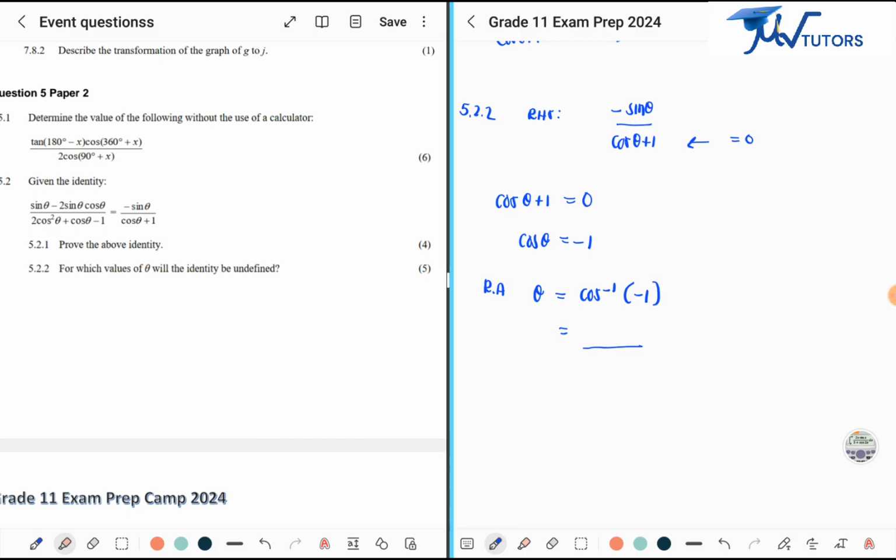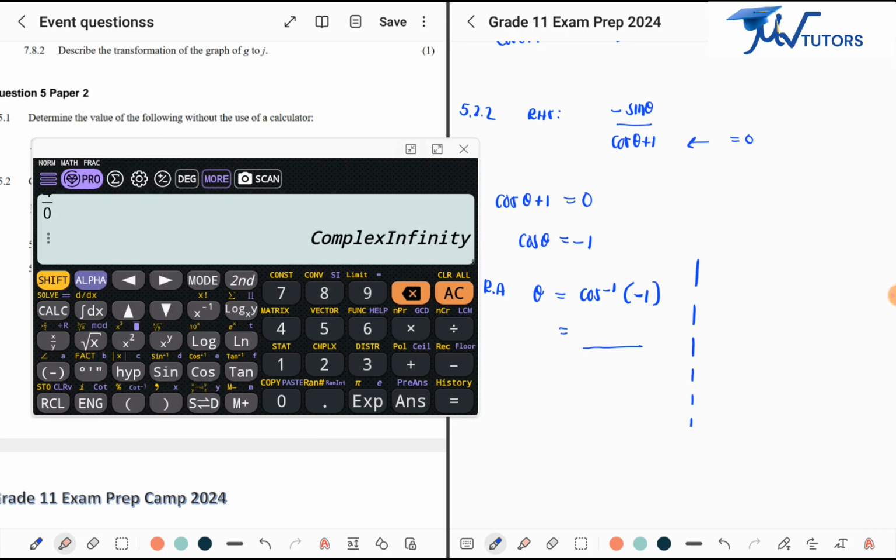That's what we want. If they had given us a domain to say between the values of 0 and 180 degrees, where will theta be undefined? Maybe you can get one answer and can solve it. But if there isn't any domain or restriction to a domain, you need to look for all the answers. Therefore, a general solution must be used. So the first option is you include the negative as you're getting your reference angle.